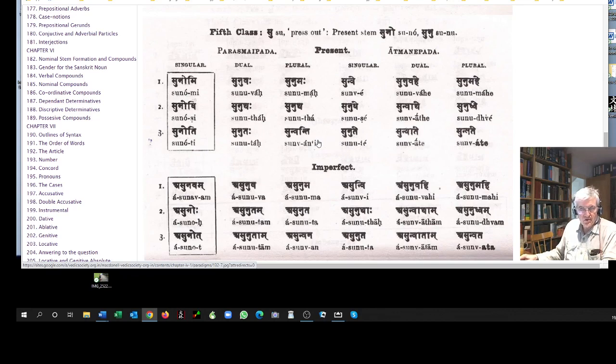Note here, although we aren't dealing with the endings in detail, just note in passing, look at sunu anti, it comes of course by sandhi, sunvanti, so the u becomes a v. And similarly before the endings that begin with a vowel. In fact, in the parasmaipada, it's most of them in the present tense. Sunuvahe, sunvate, and so on.